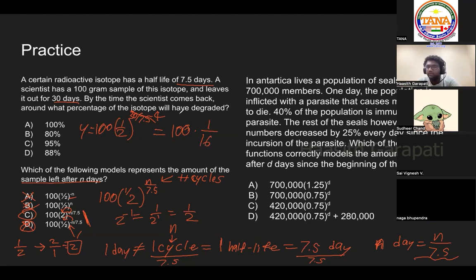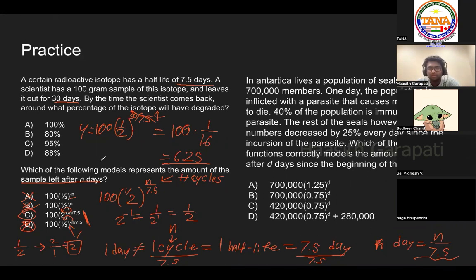And then, okay, get your calculator out. What is 100 divided by 16? It's equal to 6.25. So that means there's 6.25 grams left after that amount of days. 100 divided by 6.25, well, there's 6.25% of the sample left.